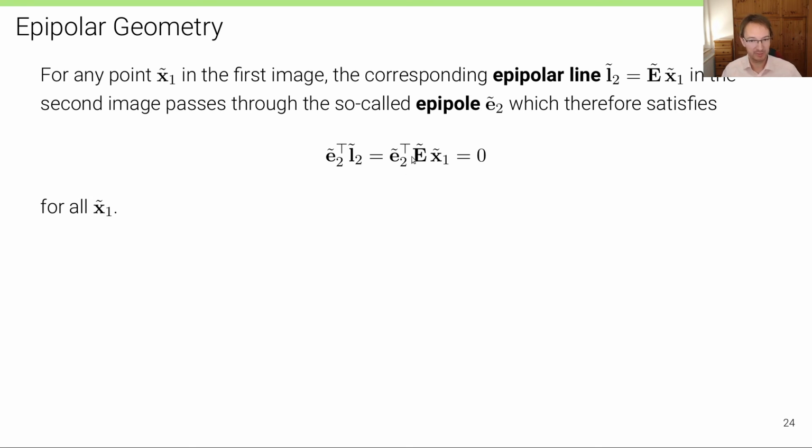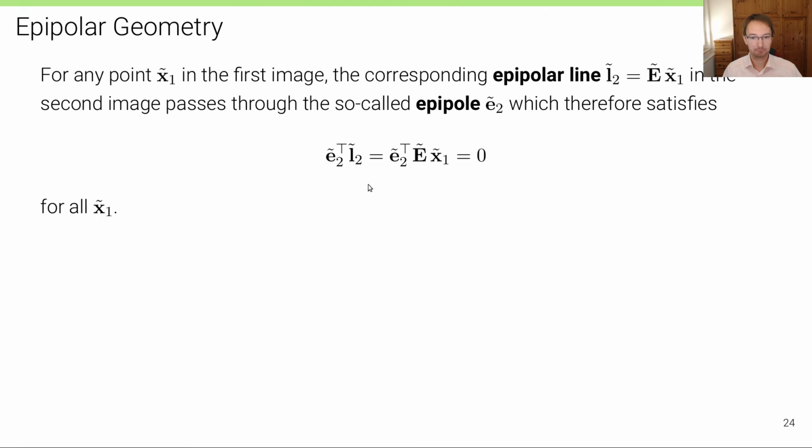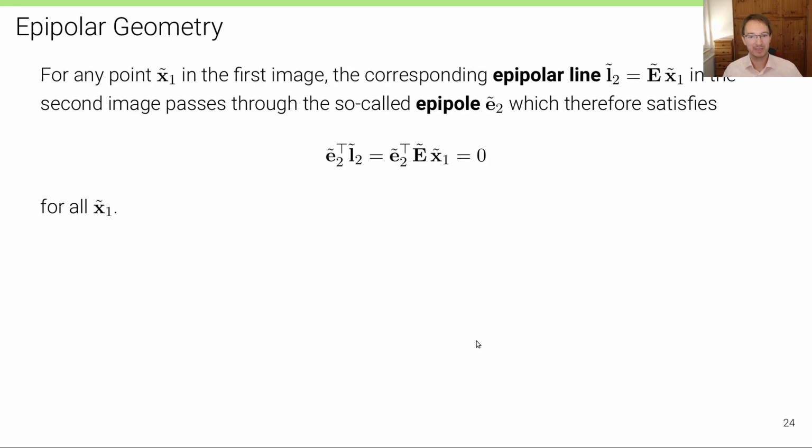And here's the expression for the epipolar line. So e2 transpose E tilde x tilde 1 must be equal to 0. And this must hold true for all possible x1s. Right? So for all possible x1s here, the epipole e2 must be on the epipolar line L2, for this one here and for this one here.